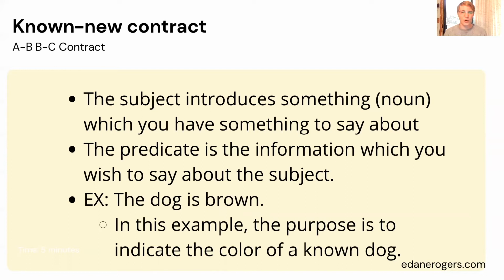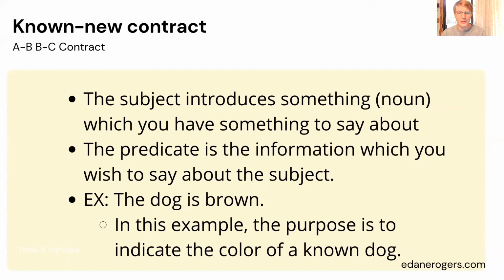So you want to only include information into the subject that is already known or understood, or only making specifications. You're not wanting to include your new information into that subject. So keep it always as a noun or a noun phrase.